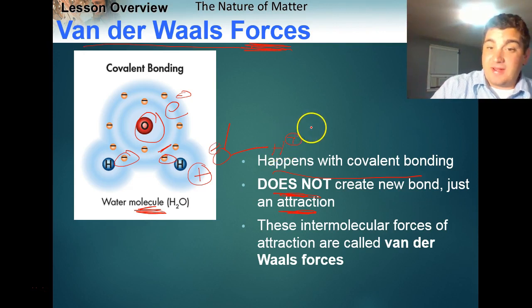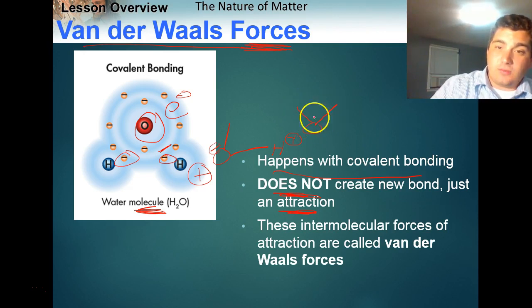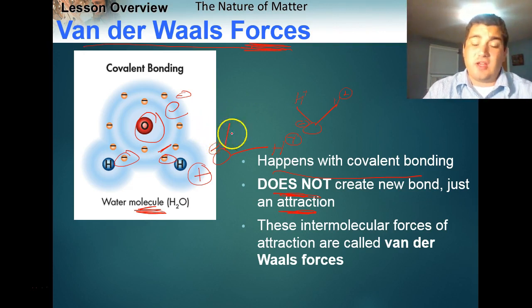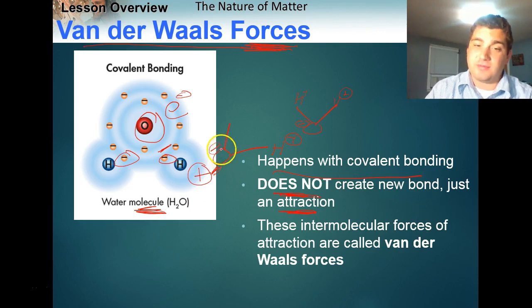So again, because it's a positive, another water molecule is going to go like this with its negative oxygen. And we have hydrogen plus. All right, and this continues throughout the whole like tub of water that you have. All right, again, we're not making bonds here. It's just a force, right? It's a slight attraction between this oxygen, which is a little bit negative, and this hydrogen, which is a little bit positive.